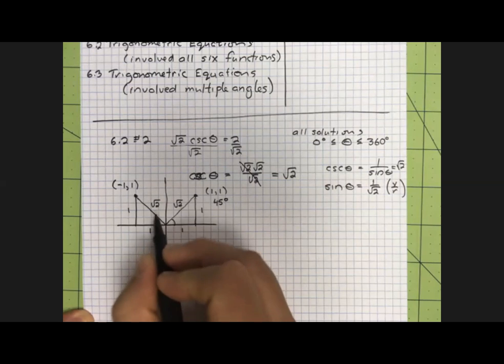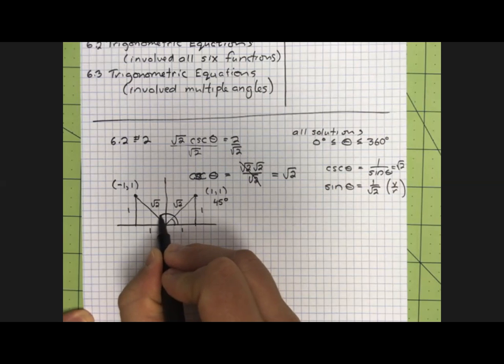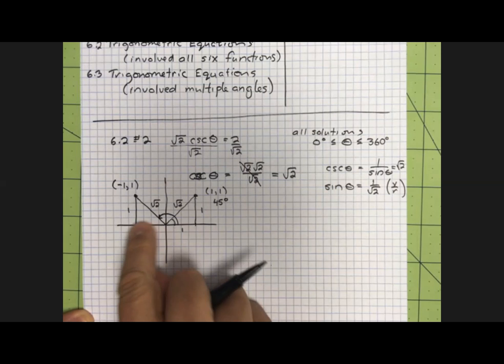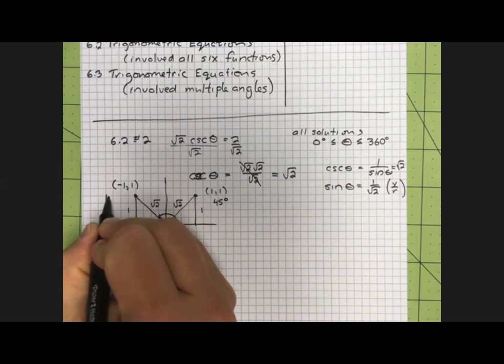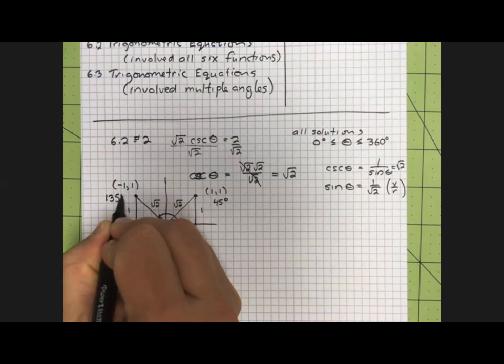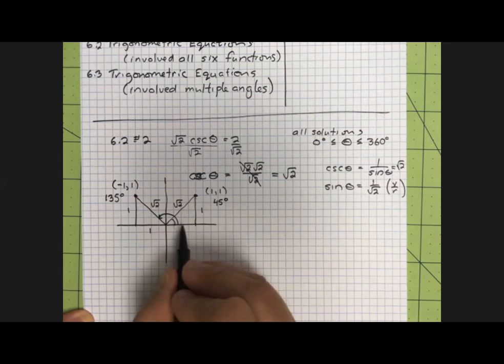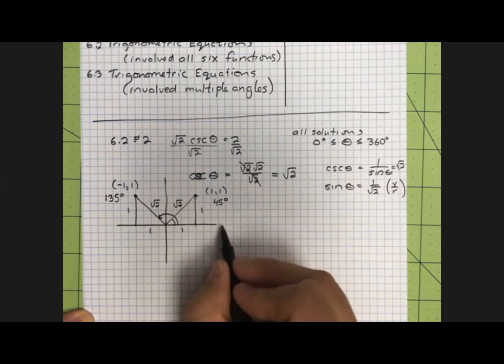Radius is root 2. And this angle is 45 degrees short of 180 or 45 degrees past 90. This is 135 degrees. Okay. These are the only angles that have a cosecant of root 2 between 0 degrees and 360 degrees.